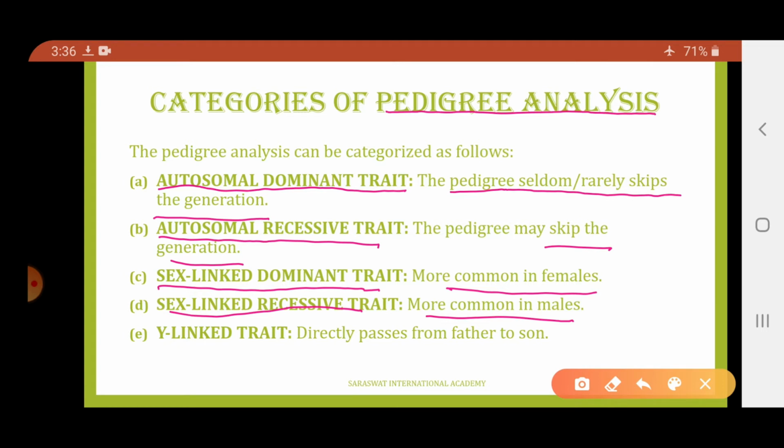Females have two X chromosomes and males have one X chromosome and one Y chromosome. Suppose we are talking about a sex linked recessive trait. If we consider a female in a heterozygous condition, of course the dominant one will be normal and the recessive one is mutated and responsible for causing the disease.